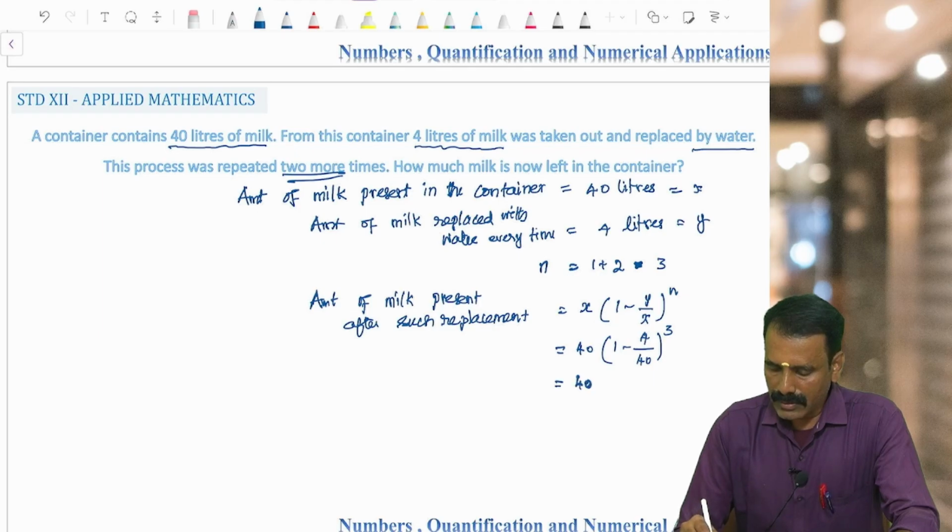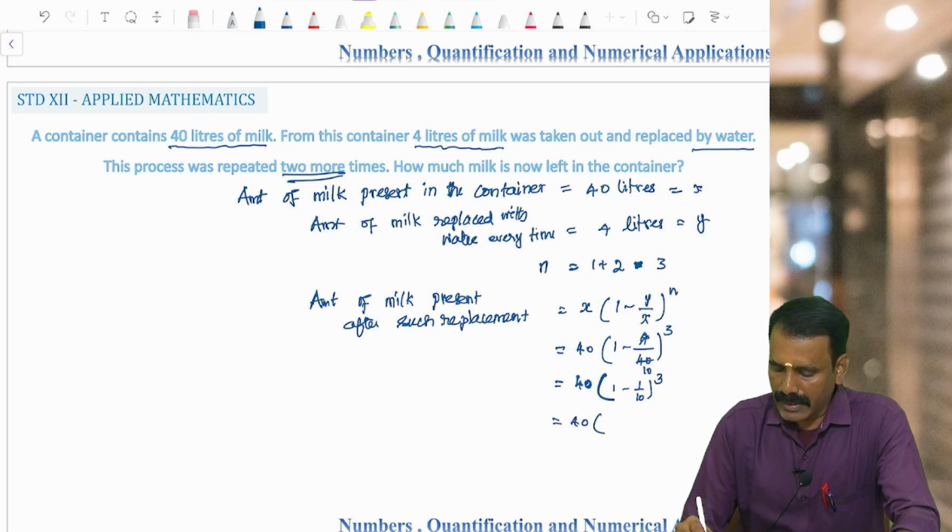So 40 into, we cancel this one, this is 1 by 10. So 1 minus 1 by 10 whole power 3. We take LCM now. 40 into, when you take LCM, it will be 10 minus 1 by 10 whole power 3.